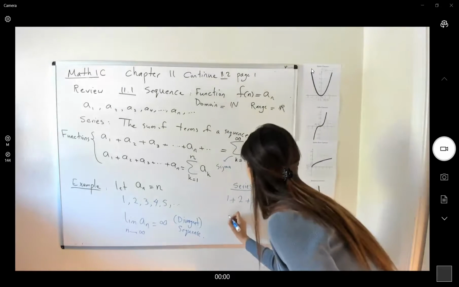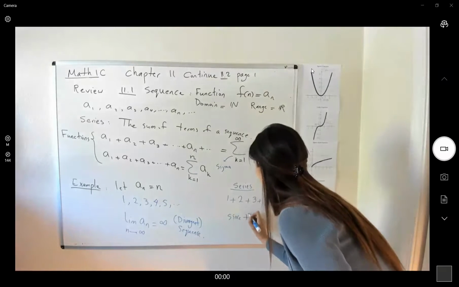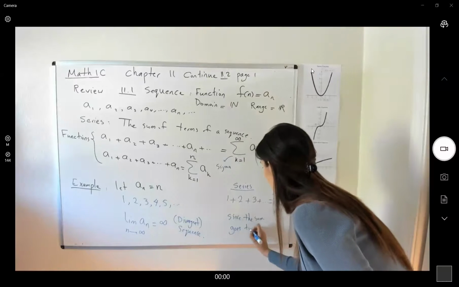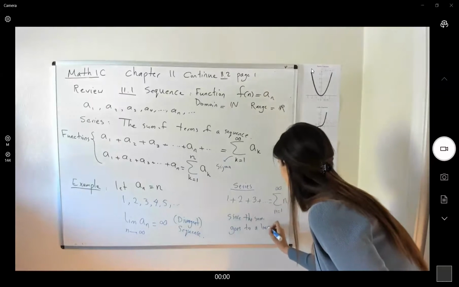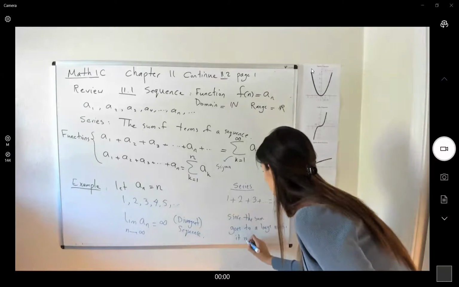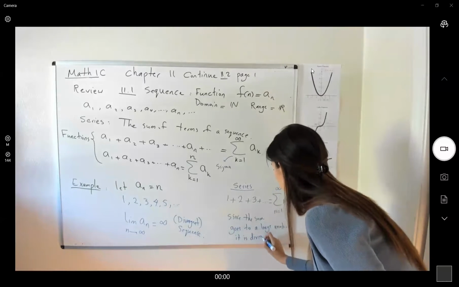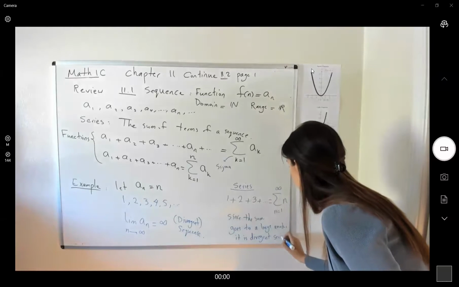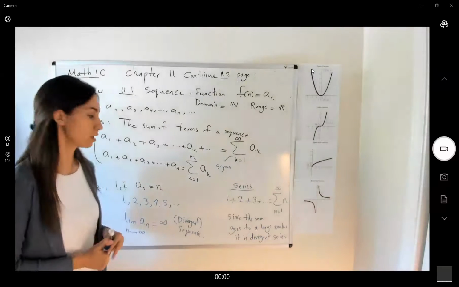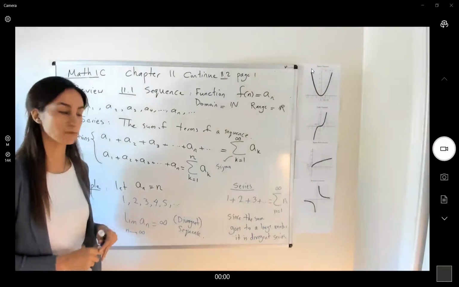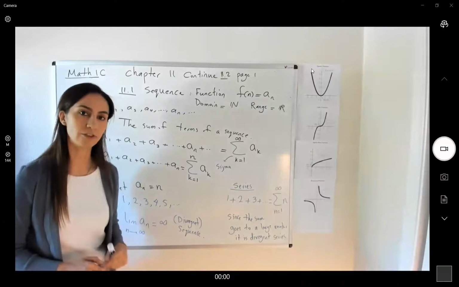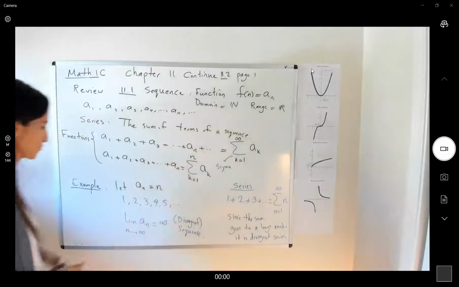So since the sum goes to a large number, it is a divergent series. Sometimes you have a convergent or divergent sequence, and you get a different behavior for your series.